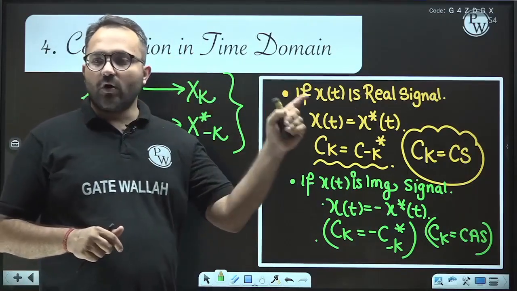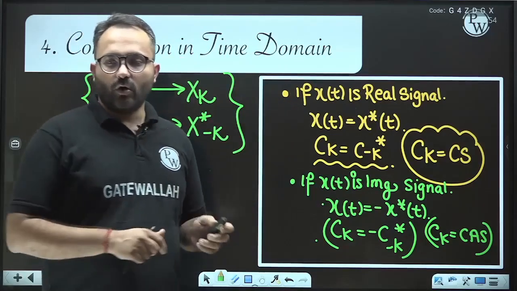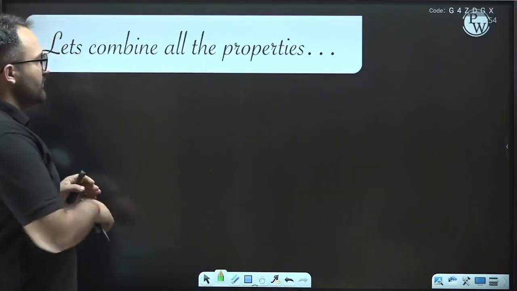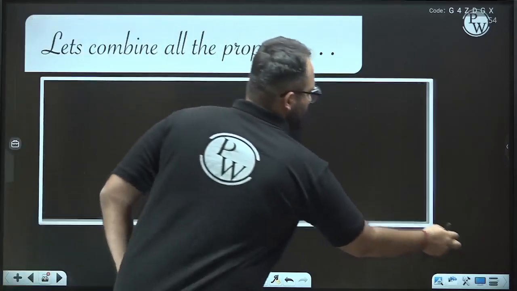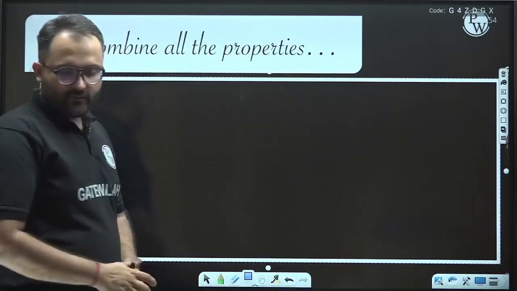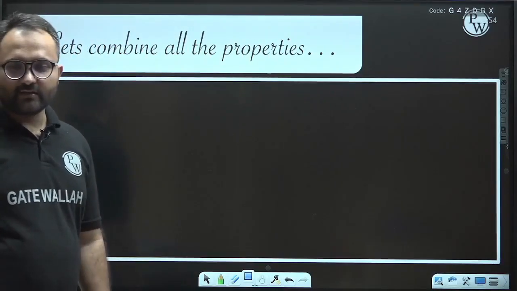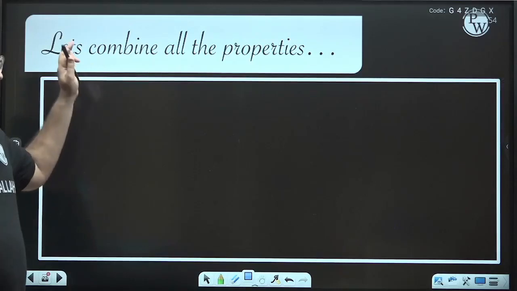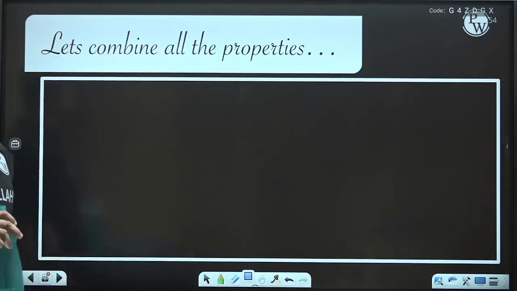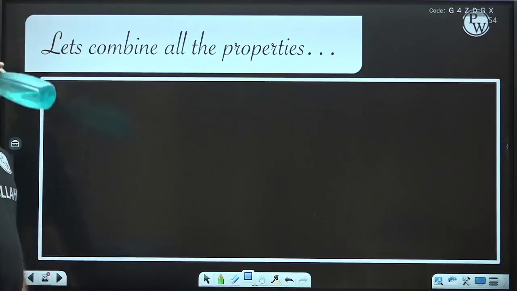If the signal is odd, the Fourier series is also odd. So now let's combine all the properties of the Fourier series and the signal. Whatever I'm writing here will be valid in the Fourier transform also.